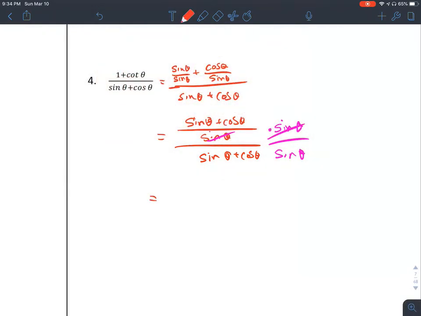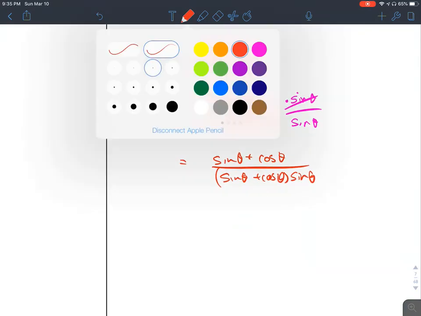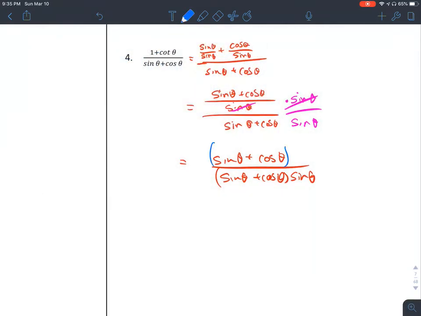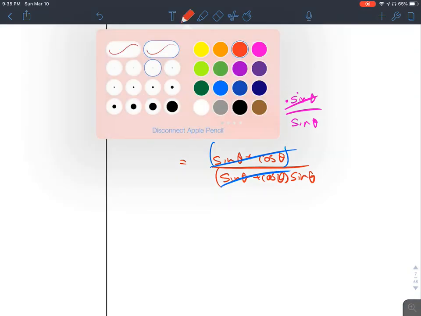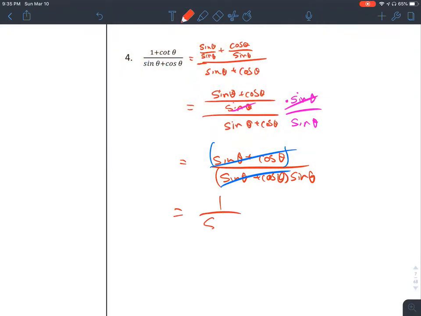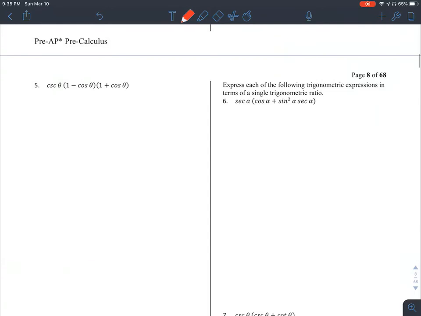So now we have sine of theta plus cosine of theta over sine of theta plus cosine of theta times sine of theta. We're multiplying the top and bottom by sine of theta plus cosine of theta, so those cancel. So we end up with 1 over sine of theta. The direction said the answer has to be in terms of sine or cosine, and we have accomplished it being in terms of sine.